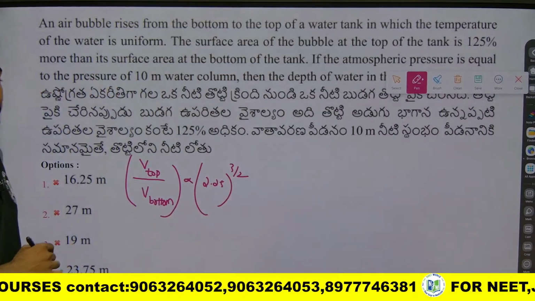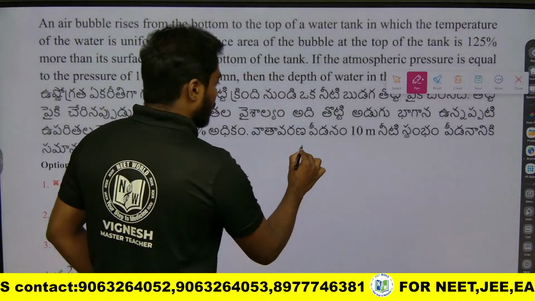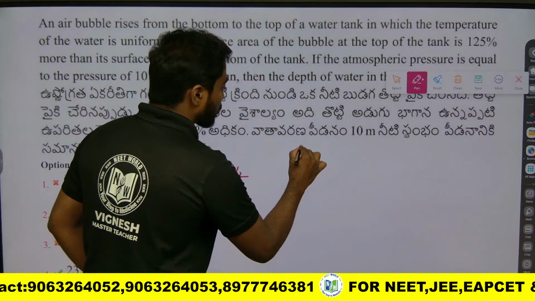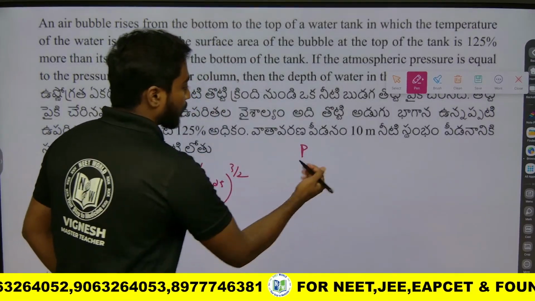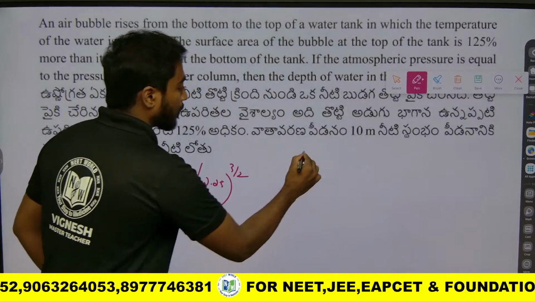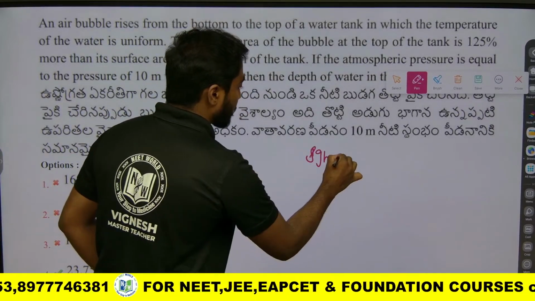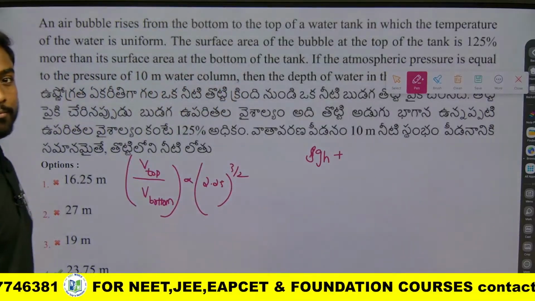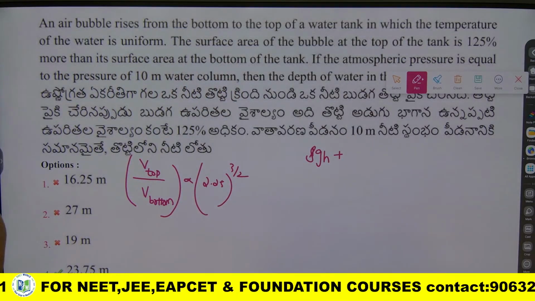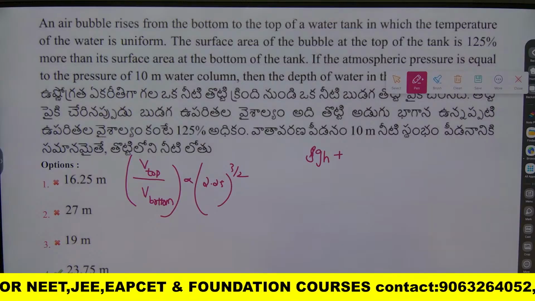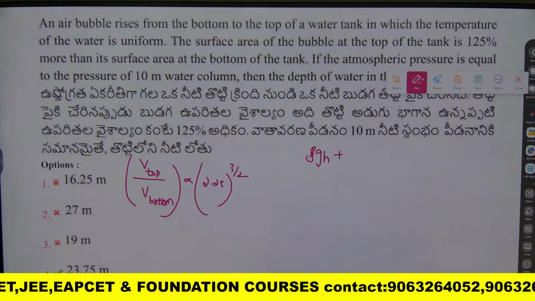Now for top and bottom: for top it is rho g h, and for bottom I will write rho g h plus atmospheric pressure.